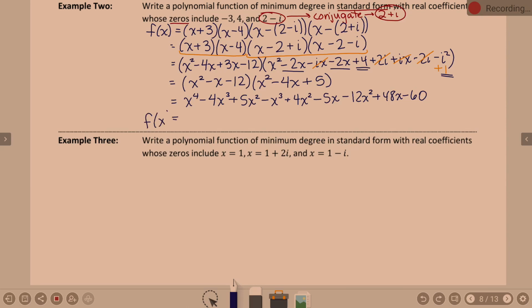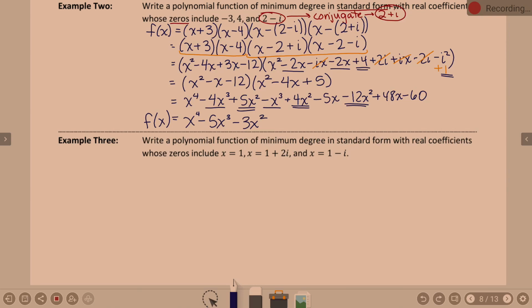Okay. Let's see if we meet in the end. There's x to the fourth. There's usually 2 x cubed terms here, so minus 5x cubed. There's usually 3 x squared terms, so 5 plus 4 minus 12, minus 3x squared.